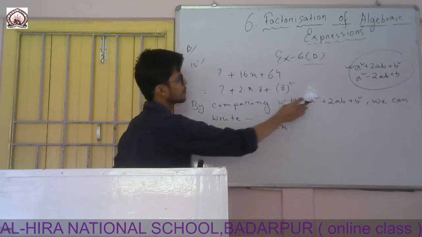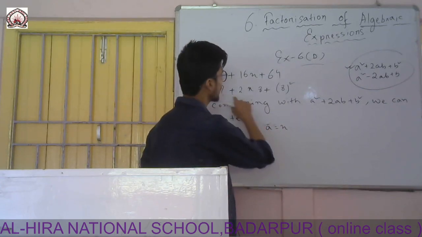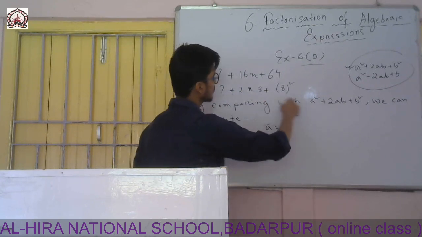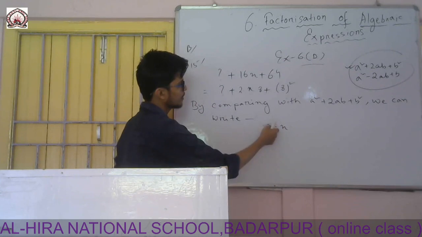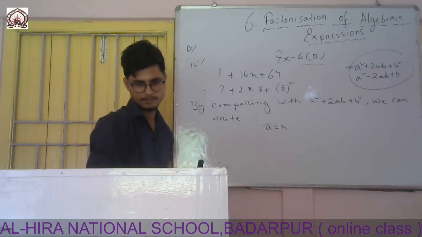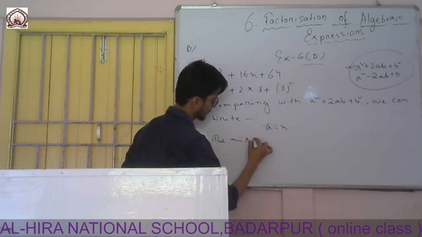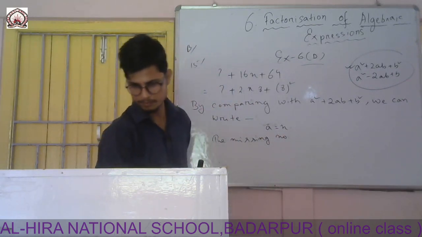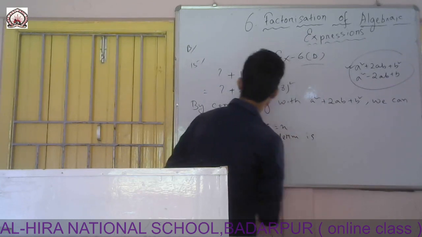So after comparing it with this standard expression, we have understood that the value of a is x. 2ab is equal to 2 into x into 8, that means x is equal to a. So you write, therefore the missing term is, so what is the first term?